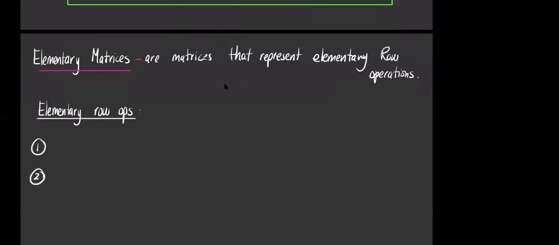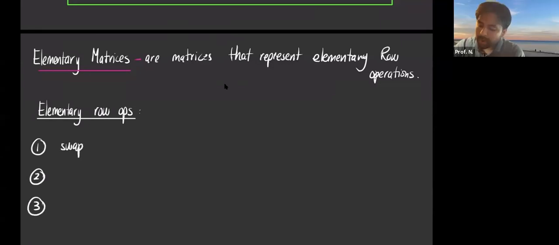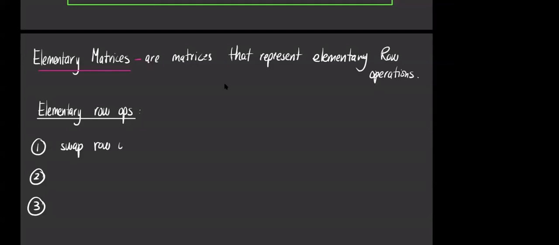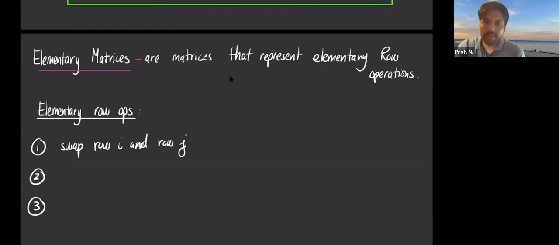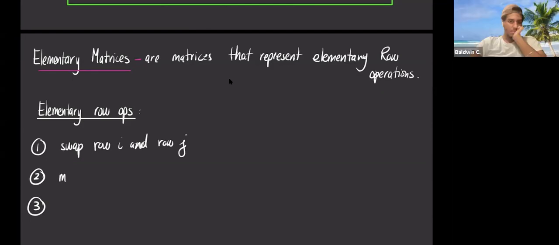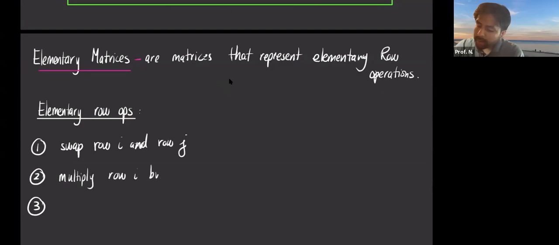One of them is swapping the order of the rows. Swap row I and row J. That's one of them. There's a multiplication one, right? Multiply by a non-zero constant: multiply row I by scalar C. So that's just multiplying one row by a scalar.